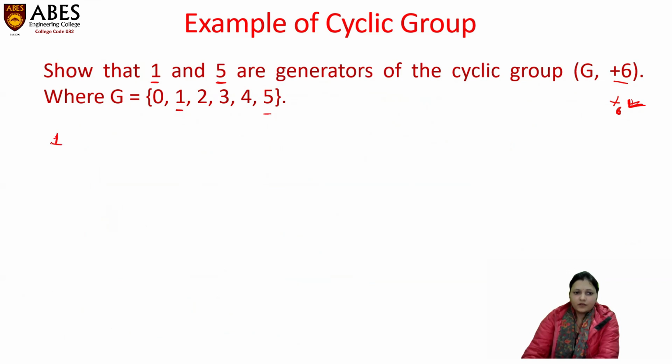1 to the power 1 is 1. 1 to the power 2, here the operator is addition modulo 6.